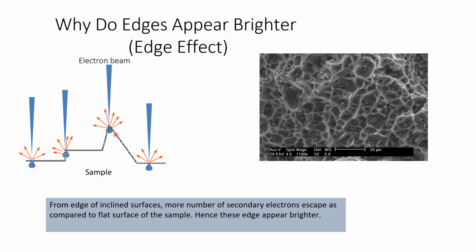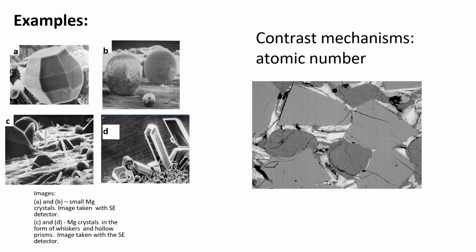As you can see in this figure, from these edges more secondary electrons escape as compared to these flat surfaces. Here are some example images where some edges appear brighter, one face appears brighter due to the trajectory effect, and in this one also edges appear brighter.